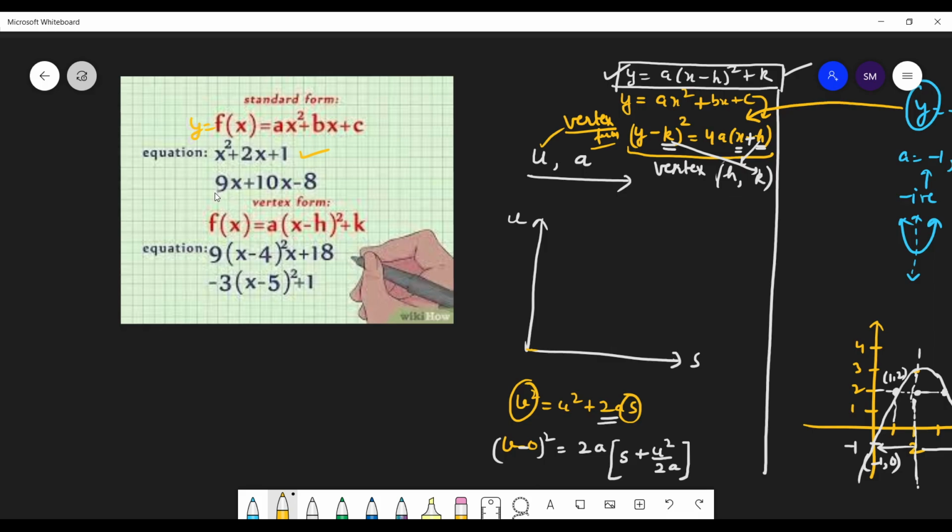So you can transform this equation to this vertex form. That's the vertex form that I have written here: y equals (x minus h) whole square plus k.